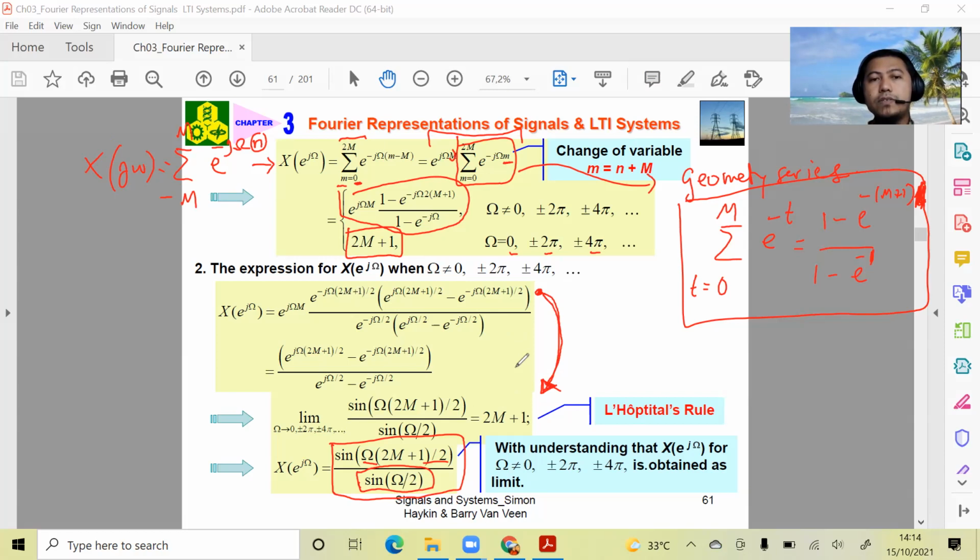But in signals and systems, we don't put much effort into how to derive this, because this derivation you can easily find in a table of calculus. The important thing is how to express this signal in magnitude and in phase.